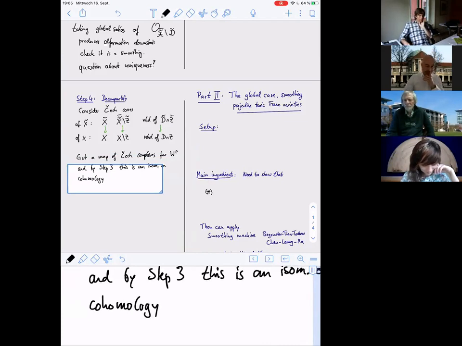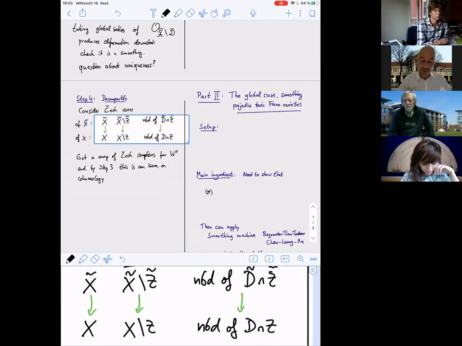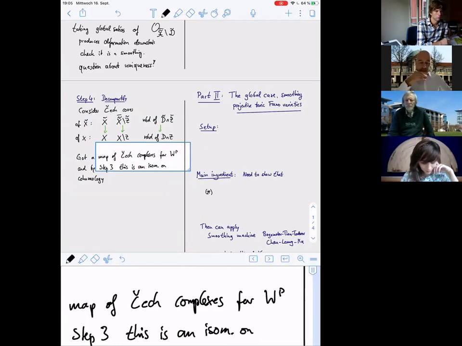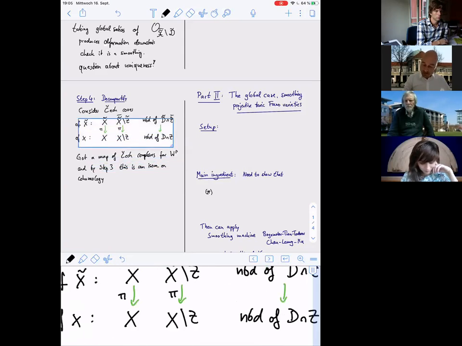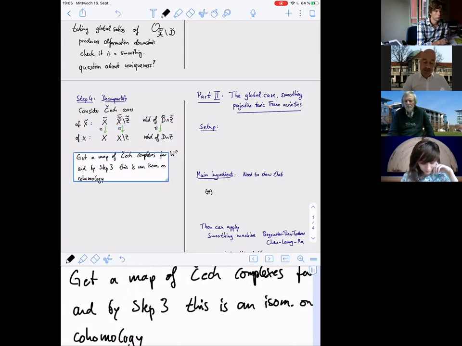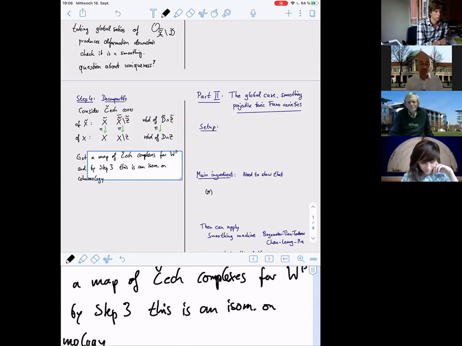Right, so in the previous step, we know the Čech cover computes the cohomology of these groups. We have them in the previous page in step 3. We know that the map pi star is an isomorphism on those cohomology groups. Hence, whatever the Čech complex computes in these groups, it's an isomorphism. So the cohomology of the Čech complex, we have that this is an isomorphism.